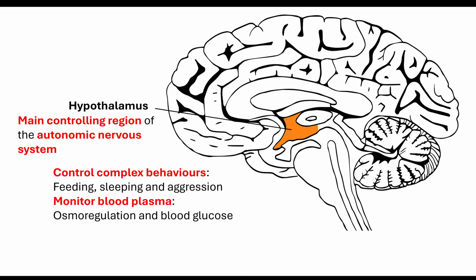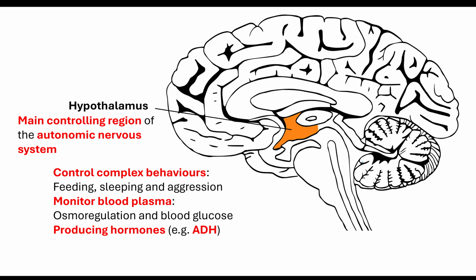And because it doesn't have a store of glucose in the form of glycogen, it needs this constant supply for respiration to occur, so that the brain has enough ATP being produced for the necessary electrical impulses to be passed on. The other thing you need to know about the hypothalamus is that it does produce some hormones. The one you need to know about is ADH, antidiuretic hormone, which is involved in osmoregulation.